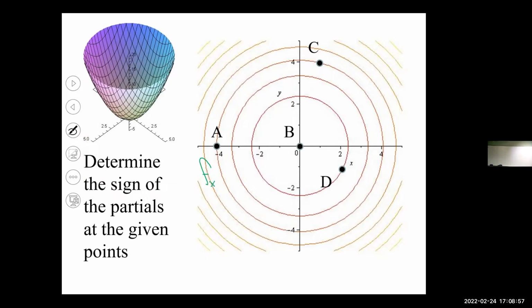So f sub x at point A. What do you think? Positive, negative, or zero? And remember what that means, f sub x. That's talking about moving in the x direction. It's looking at a change in z with respect to a change in x.